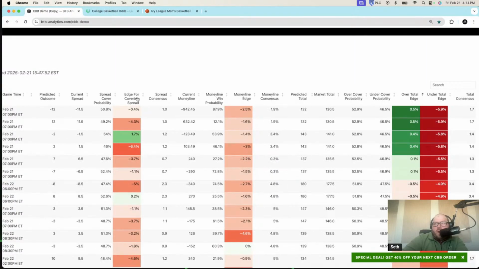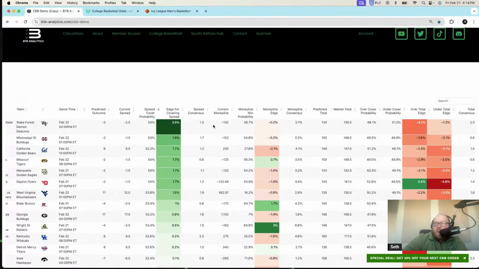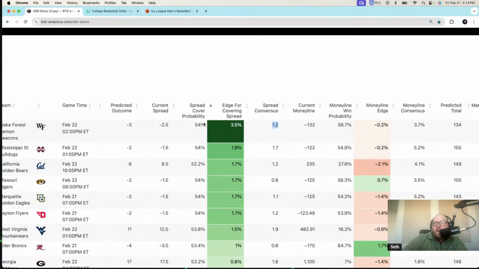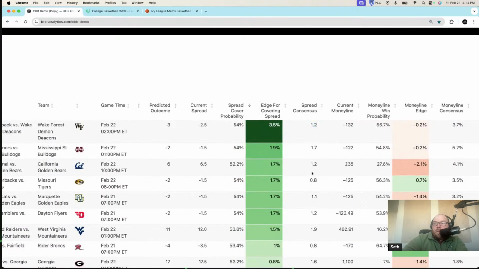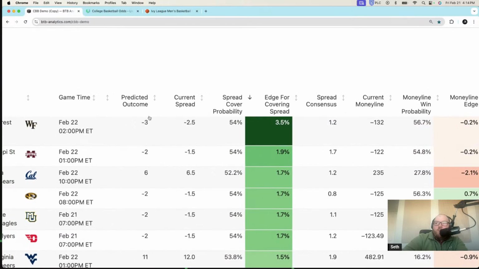We're continuing to refine things internally. I'm going to work on this consensus number. I think right now it's not what I had envisioned, because it doesn't tell you the direction. Let me give you an example. What if the consensus spread had an error of 1.2 points, but they were all in favor of Wake Forest? Like -4, -5, -5, -6, right?